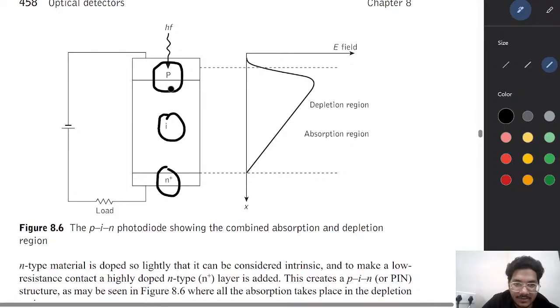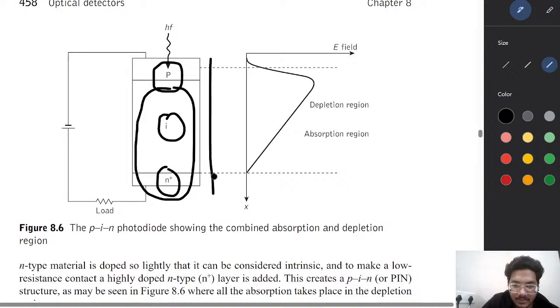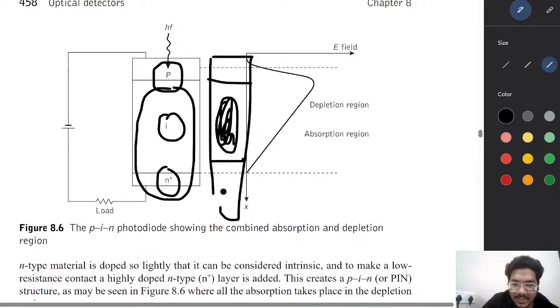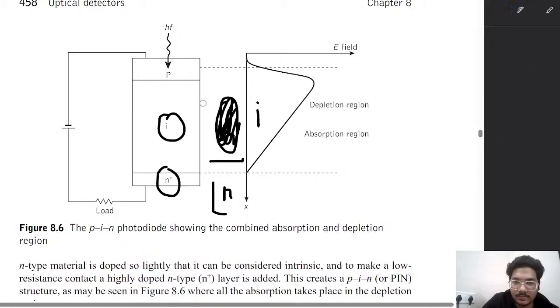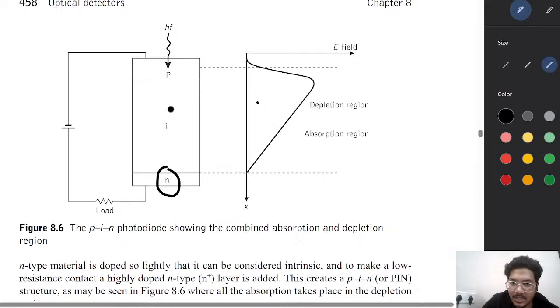If we compare with the previous PN junction, it is similar: this is the P region, this is the N region, but this region is very lightly doped as compared to the N. So this region is separated and named I. It is a very lightly doped region, the main depletion region and absorption region.